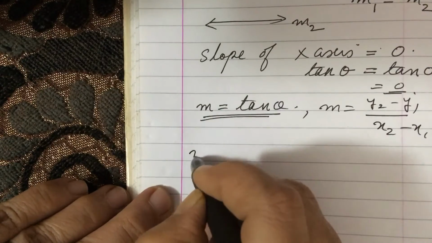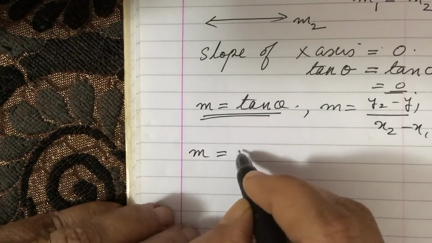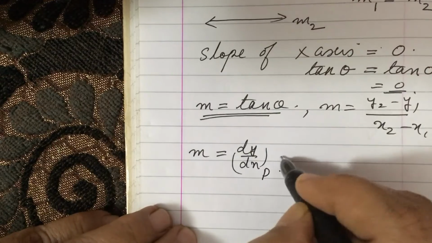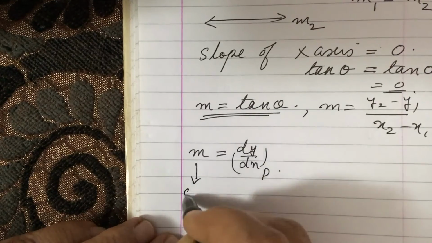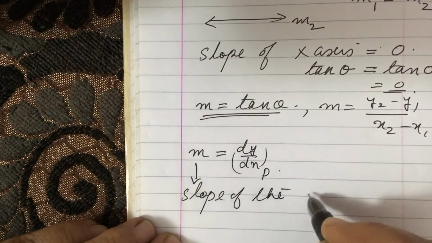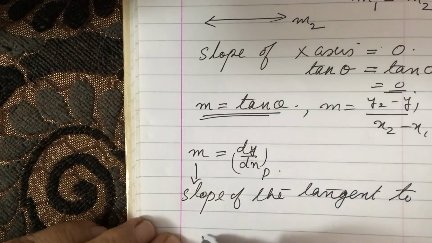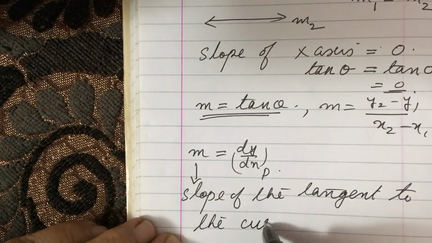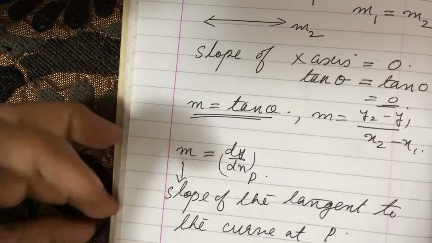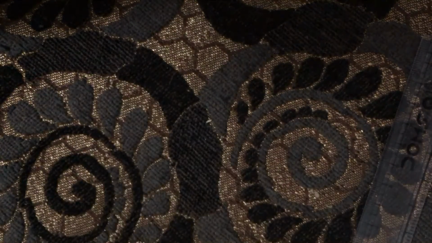And there is one more formula which we have found out in calculus: m equals dy by dx at P, where m is the slope of the tangent to the curve at P. Okay, by looking into that, now we can go to the problem solving part.